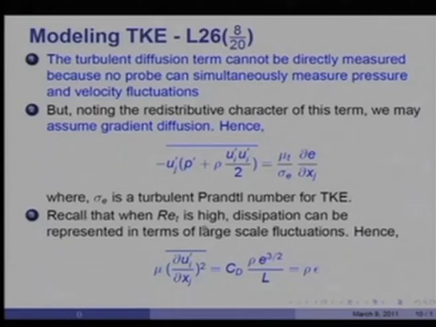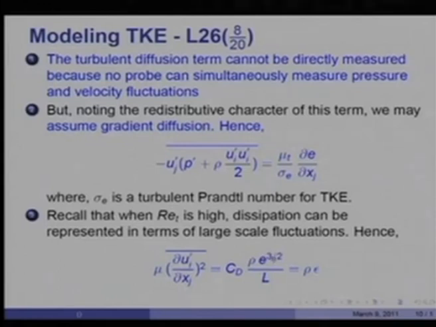Now, when R_ET is high, dissipation can be represented in terms of large scale fluctuations. This is what we had observed when we looked at the formal aspects of turbulence, and therefore, this mu times du_i prime by dx_j prime, which we had modeled as rho epsilon, can be written as C_D times rho times E raised to 3 by 2 divided by L. This is now the representative V prime cubed.